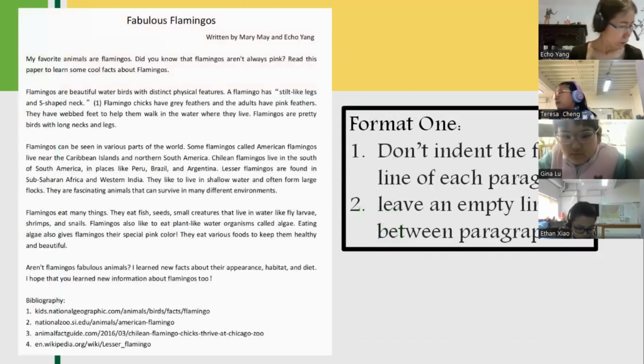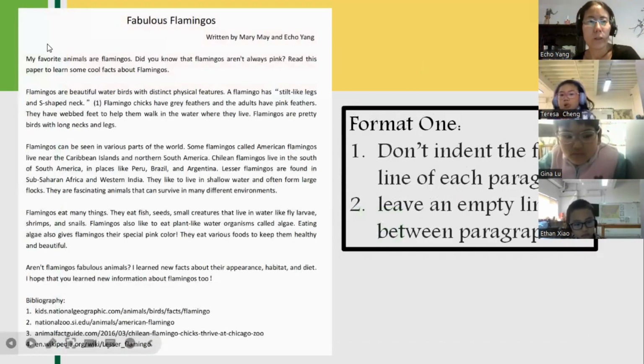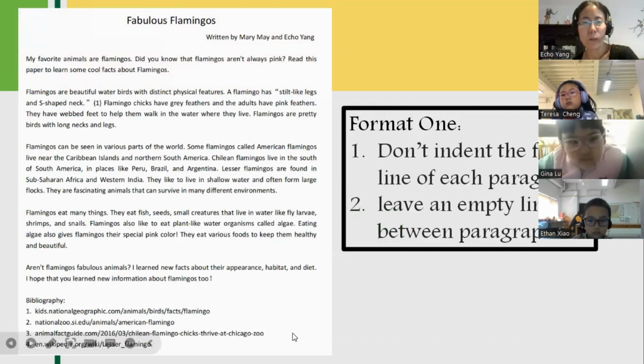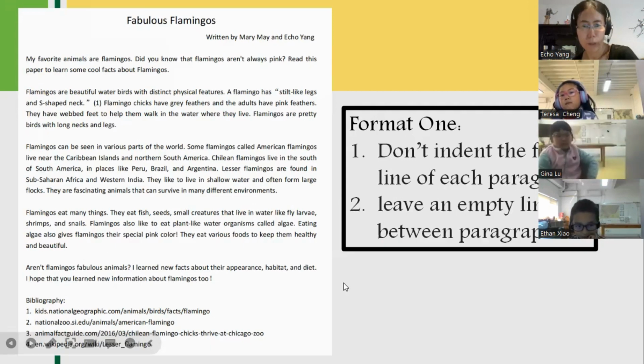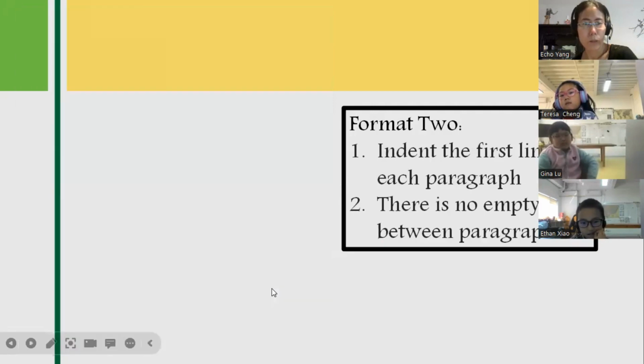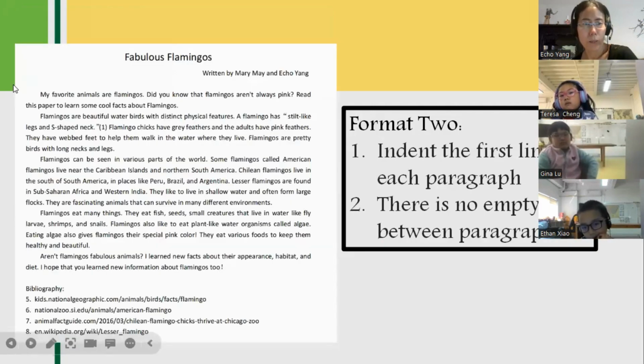As for the writing, you can have two formats. The first one is you don't have to indent the first line of each paragraph, but you need to leave an empty line between paragraphs. This is how we write, especially when we are typing on a computer. This is one way to write our draft. A second way is to indent the first line of each paragraph, and then you don't have to leave a line between paragraphs.